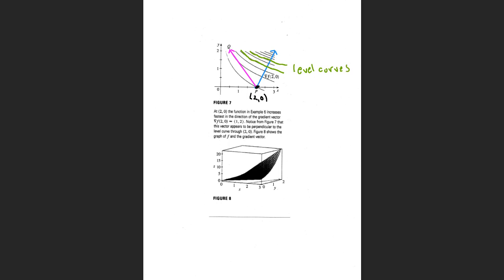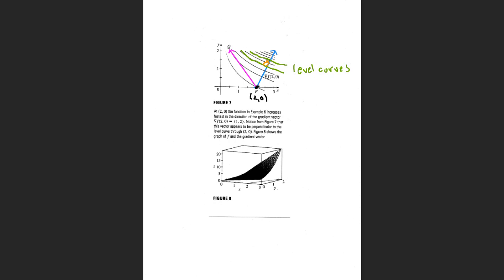I'm talking about this angle here. Yeah, it's orthogonal. That's right, Lexi.